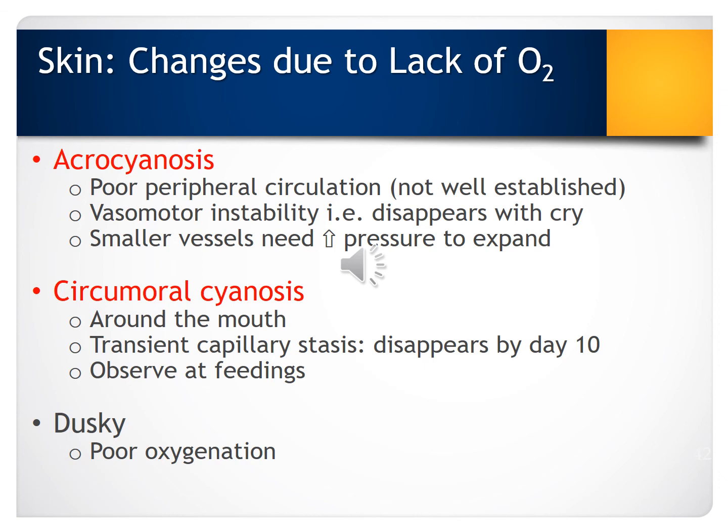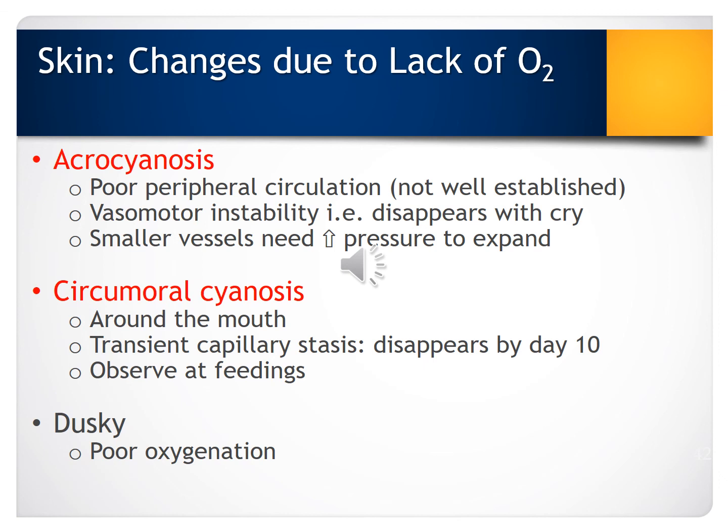On the other hand, circumoral cyanosis is when there's blueness around the mouth, okay? And this signals that there is some oxygenation issue that needs to be addressed, that the problem with the circulatory system is not related to simply being immature.